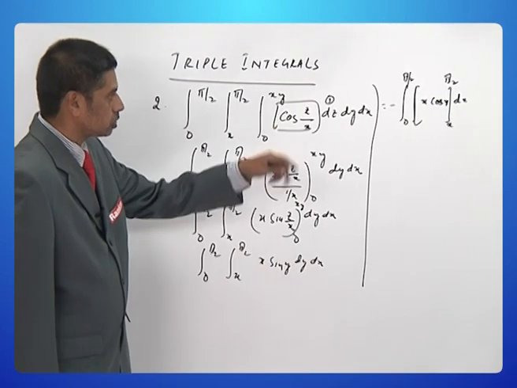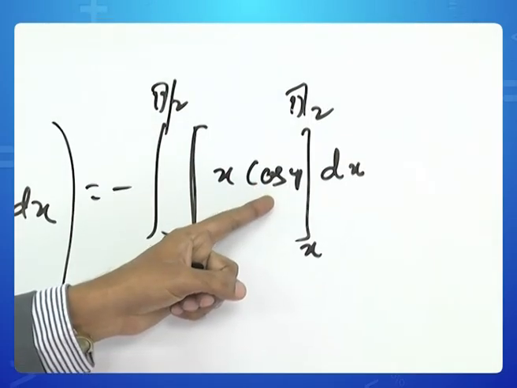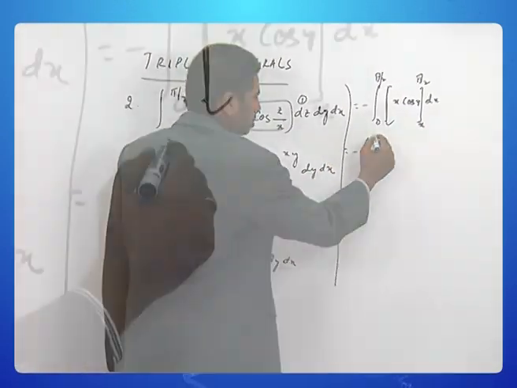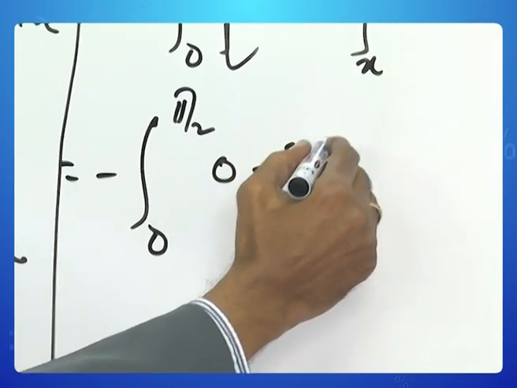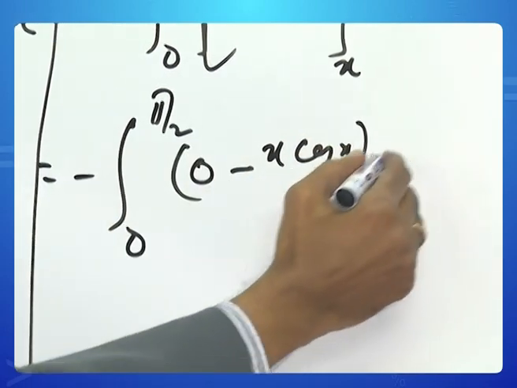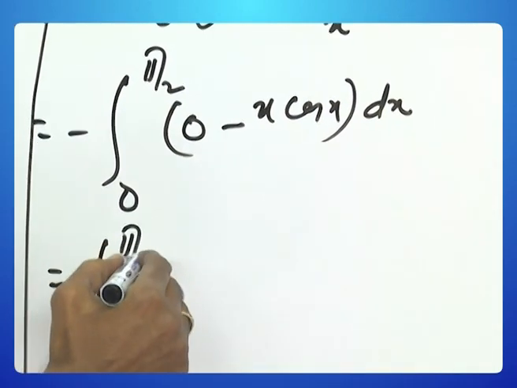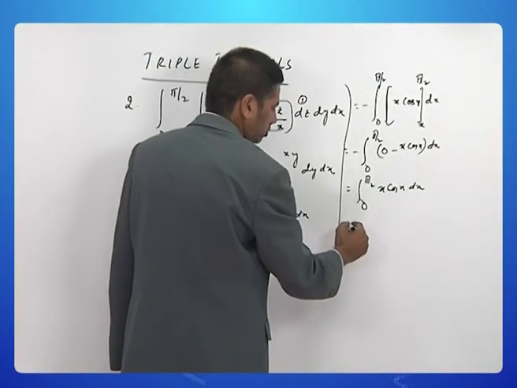Integration of sin y is minus cos y. So when you apply the upper limit pi by 2, cos pi by 2 leaves 0. So you will have minus integral 0 to pi by 2, 0 minus x cos x dx. So this is integral 0 to pi by 2 x cos x dx.